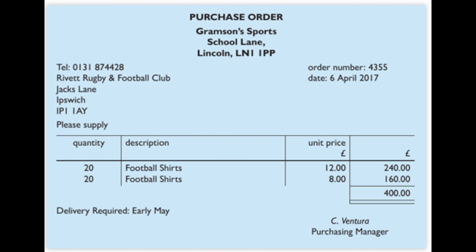And then of course the purchase order will also contain the date of order, on which date the purchase order was issued, and it will also contain the details of the goods or services that the business has ordered, along with the quantity that they require, as well as the expected delivery date by which the business expects the supplier to send the goods and services. And of course, it will also include an authorized signature, which is basically a signature of the senior member who will be authorizing the purchase order.